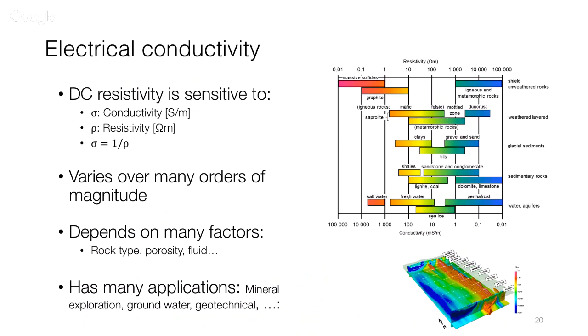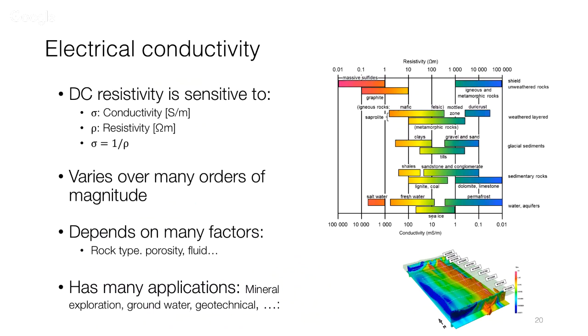Shield rocks or volcanic rocks tend to be up in this region in here. Massive sulfides, graphites, saltwater is really low resistivity. And a lot of the things we're often interested in, clays, shales, and stuff like that, have resistivities of 50, 100 ohm meters, something in that scale.